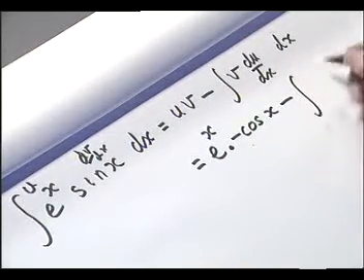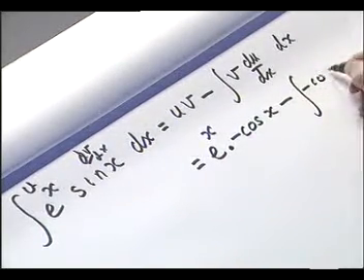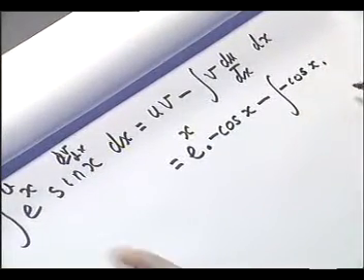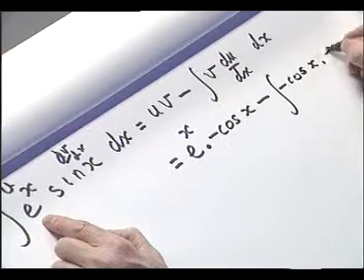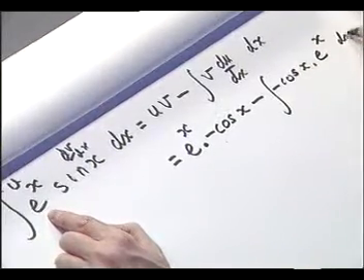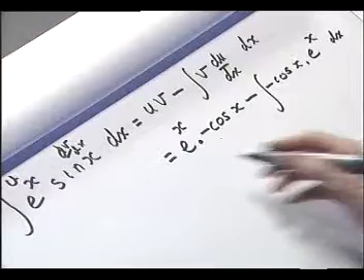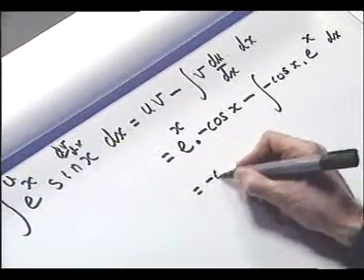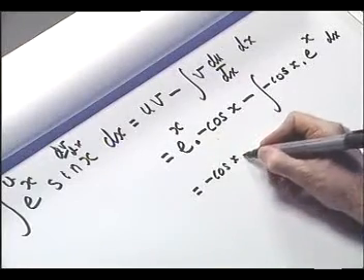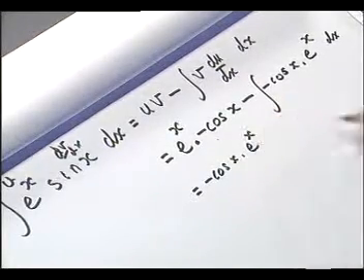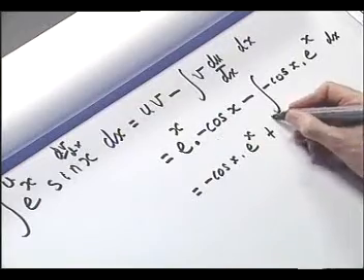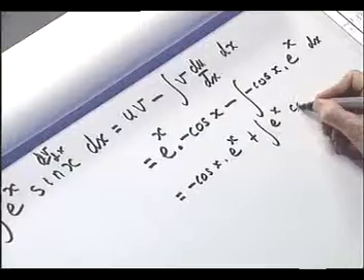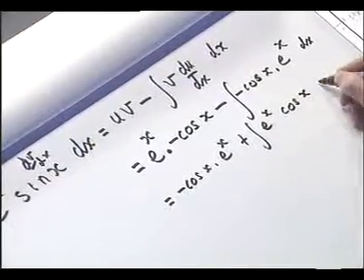Minus the integral of minus cos of x times the derivative of u, which is just e to the x dx. Let me just tidy that up a bit. Lots of minus signs knocking around. So we've minus cos x times e to the x plus the integral of e to the x cos x dx.